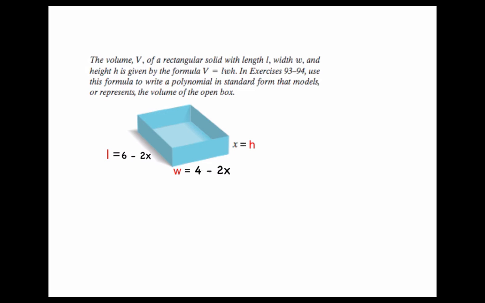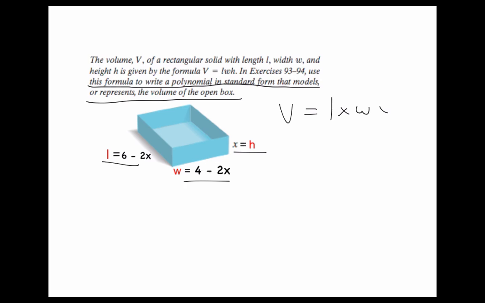So in this problem, they give you a box, the length, the width, and the height, and you're supposed to use the formula to write a polynomial in standard form that models or represents the volume of the box. Well, when you're dealing with a box like this, volume equals length times width times height.